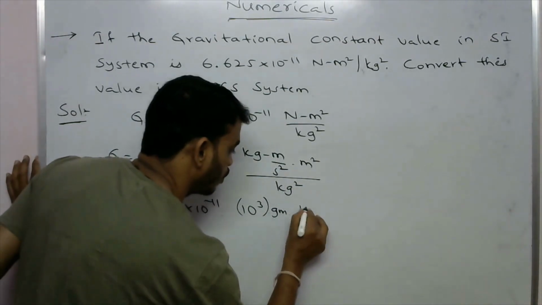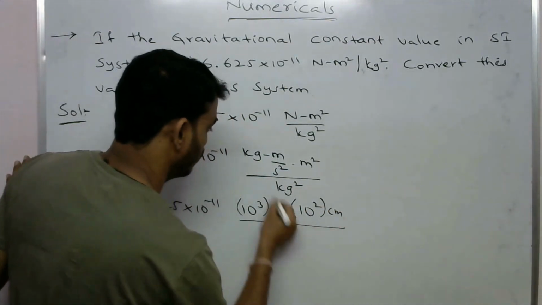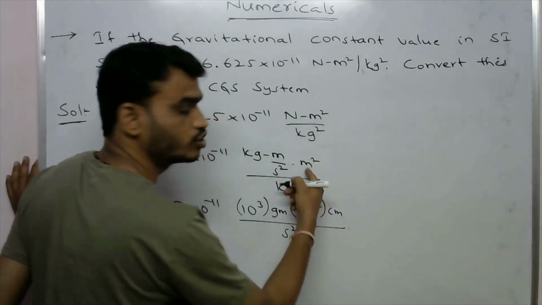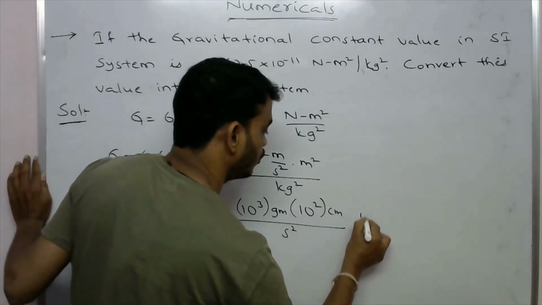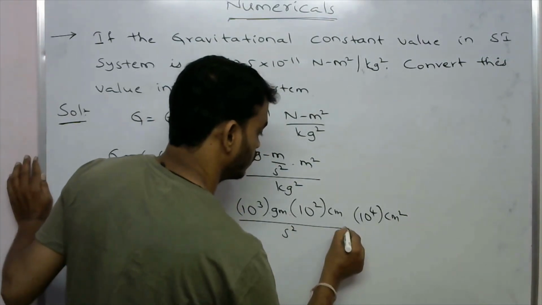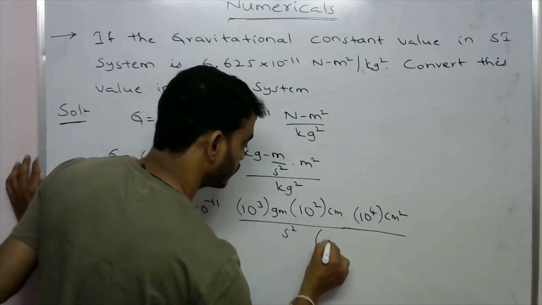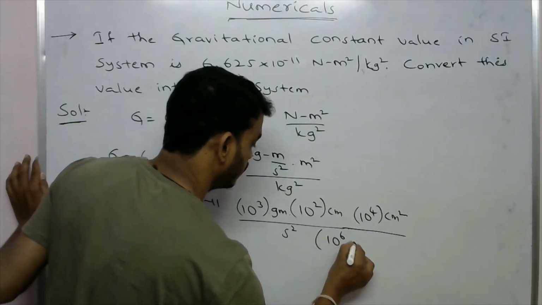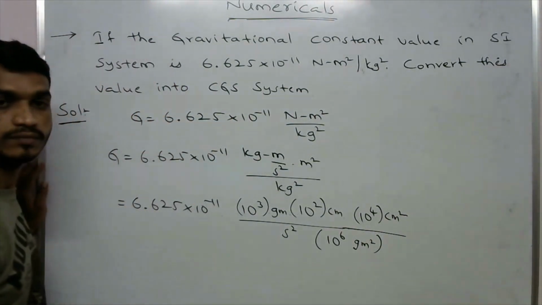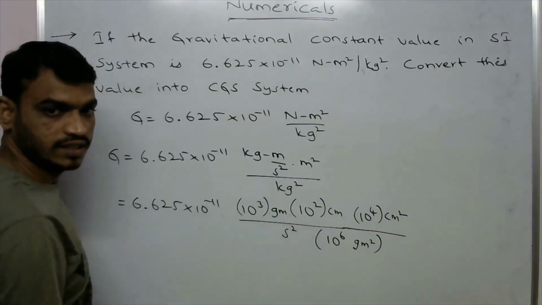Second square will not change. Here there is also meter square, so 10 to the power of 4 centimeter square by kg square. Kg square means 10 to the power of 6 grams square. Okay, so this is converting the SI system to the CGS system.